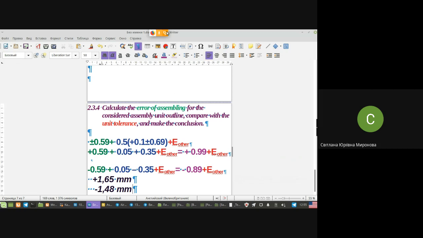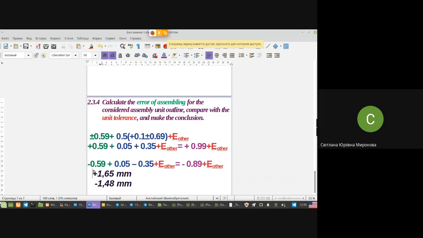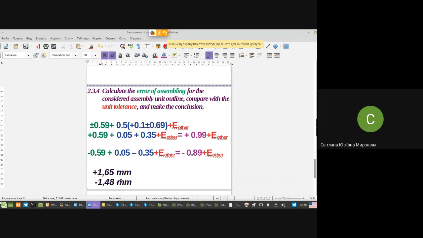Do you remember what we had when we calculated the tolerance ratio? Let's copy this piece of screen now, in order to insert it in the place where we have print screen. Did I say it?